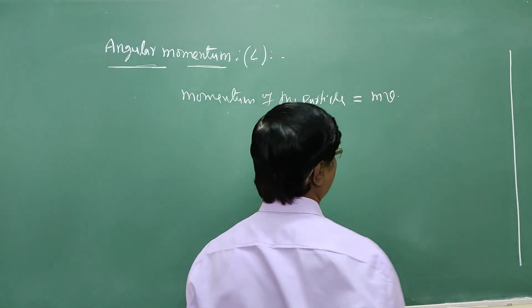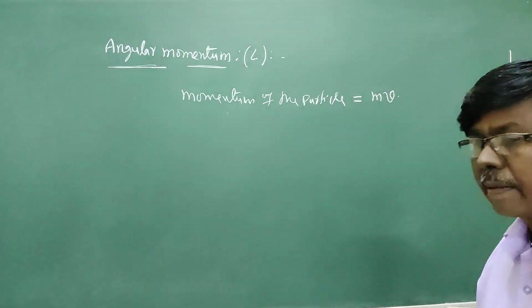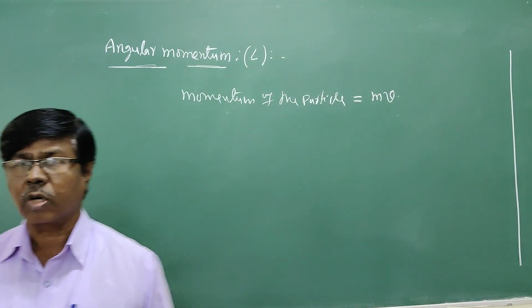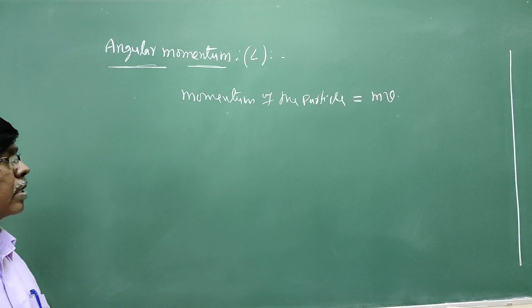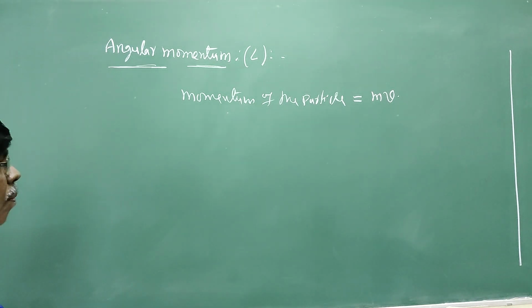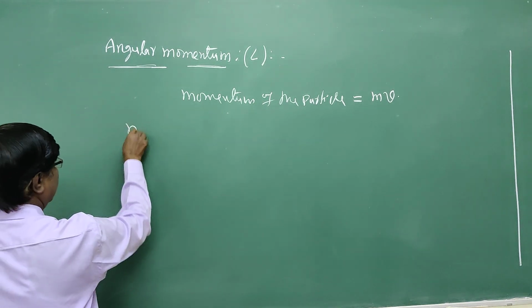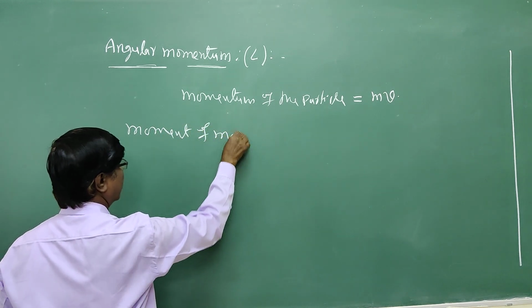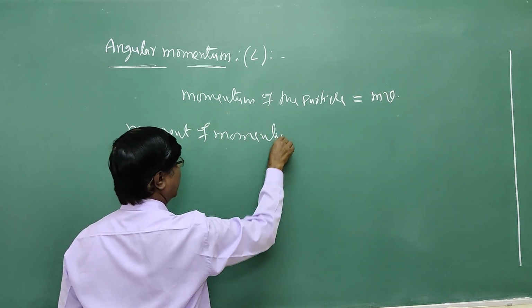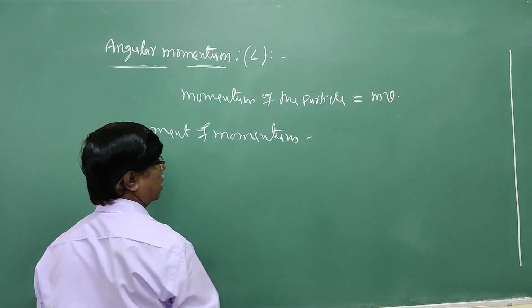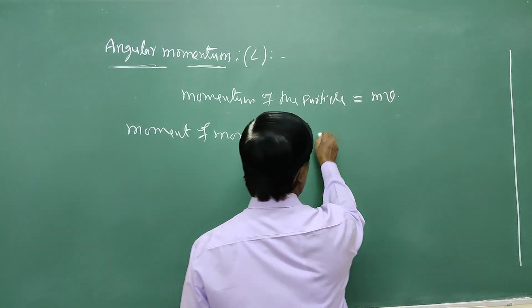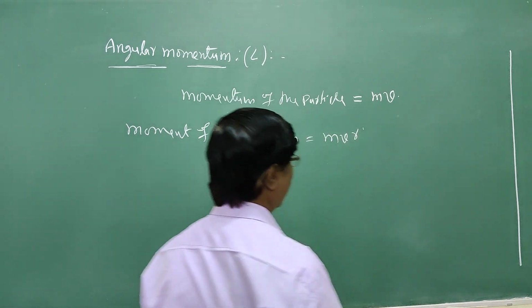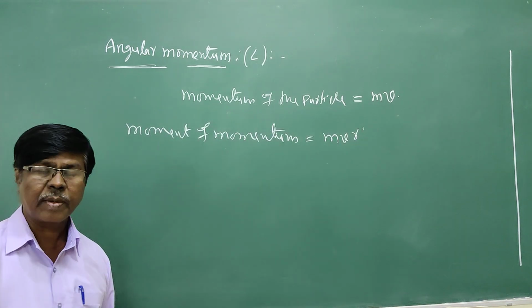If a particle is moving in a circle with a radius r, then the momentum is nothing but mv, where v is the linear velocity of the particle.